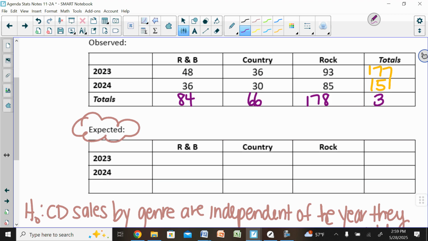I've got a grand total of 328. So remember, to do my 2023 and R&B expected value, I'm going to do my total 2023, so 177, times my total R&B, 84, divide that by my grand total, 328.